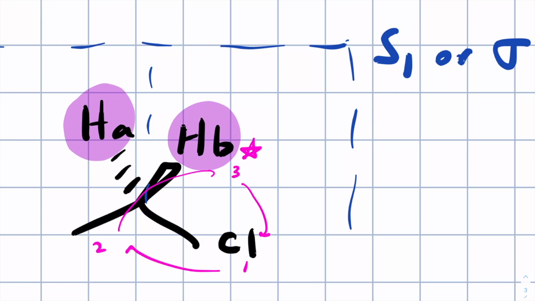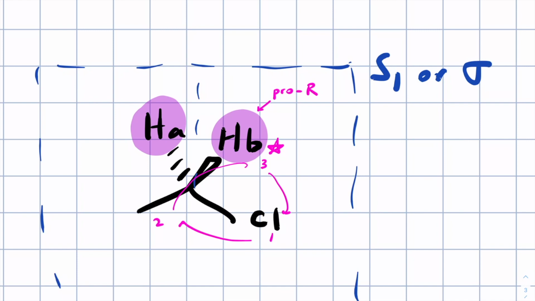But if we replaced HB with something that was not a proton, it would be a stereocenter, and we're going to call this a pro-R proton. Now, just because it's the pro-R proton doesn't mean if we put a group there, the stereocenter is going to be R, because of course it's going to depend on the identity of the group and what the priorities are.